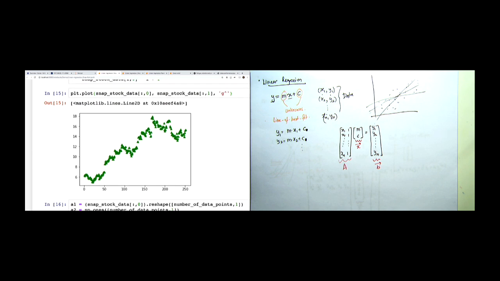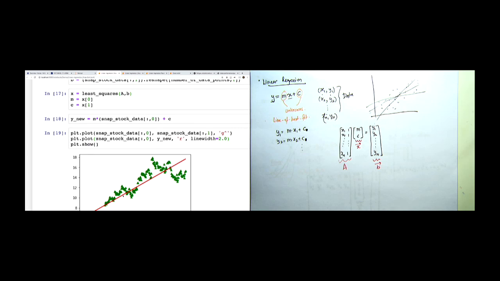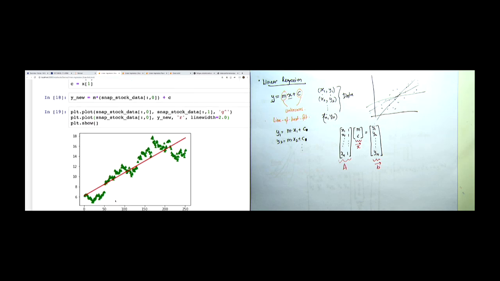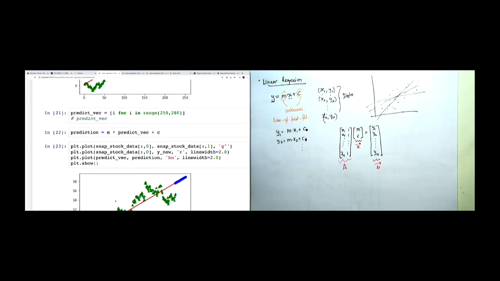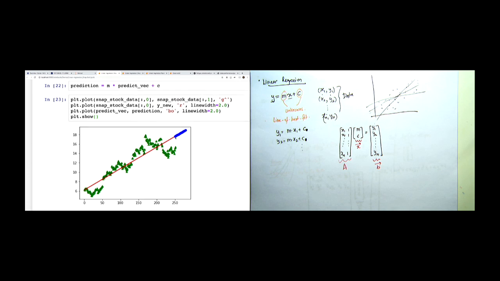So as you can see, there's some part of a linear trend, and then maybe not so much of a linear trend. So I could try to fit a line to this, but it's doing a pretty bad job at prediction, right? It's not doing as good of a job. So maybe this is not something that one really wants to do.